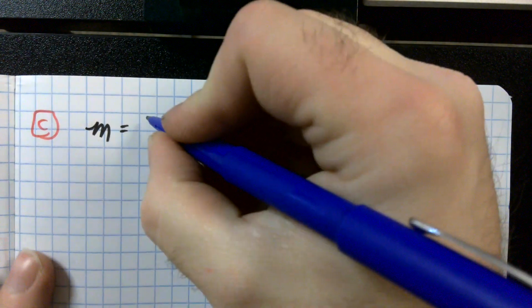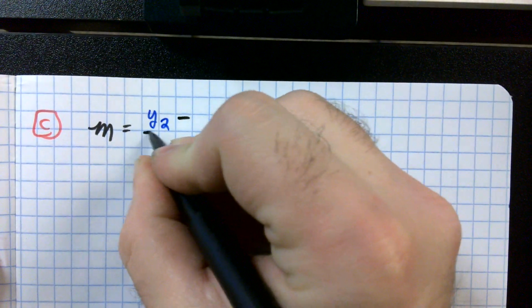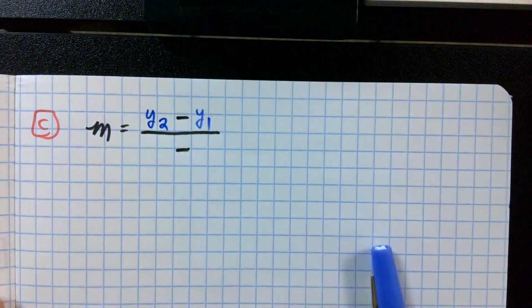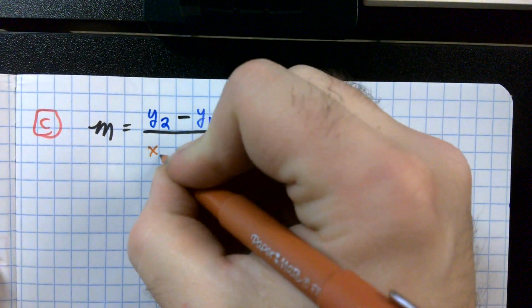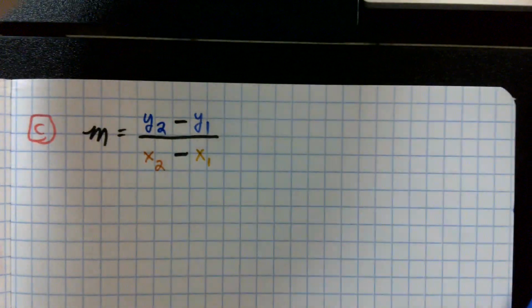m is equal to y2 minus y1 over x2 minus x1.